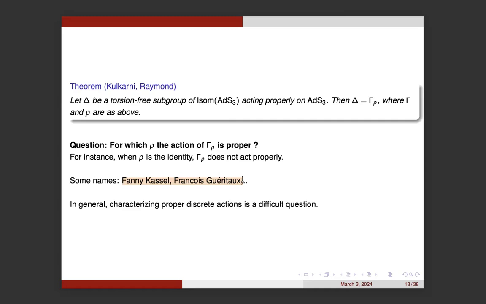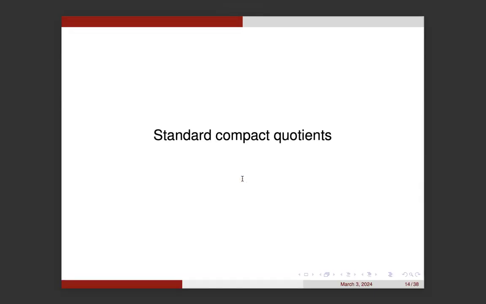So to get at least some examples of compact quotients, Kulkarni gave some principle to have examples, and in fact this principle led to the notion of what we call standard compact quotients, which I'm going to define.